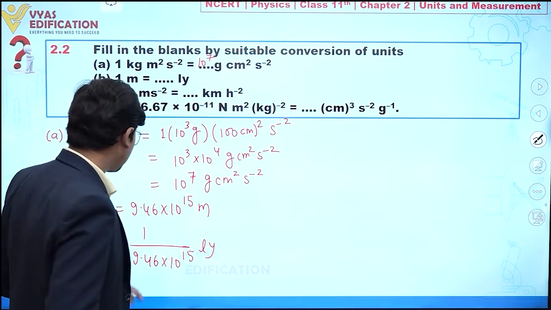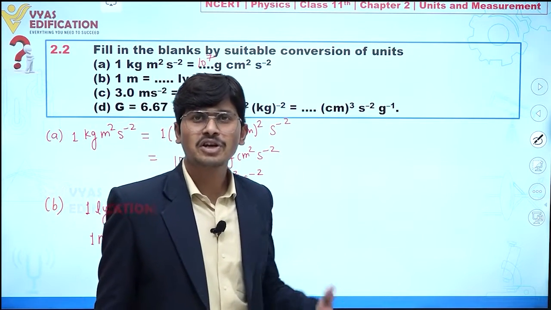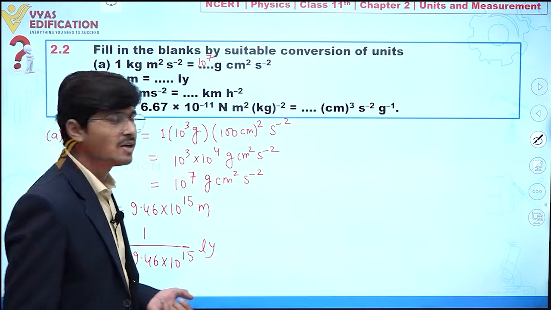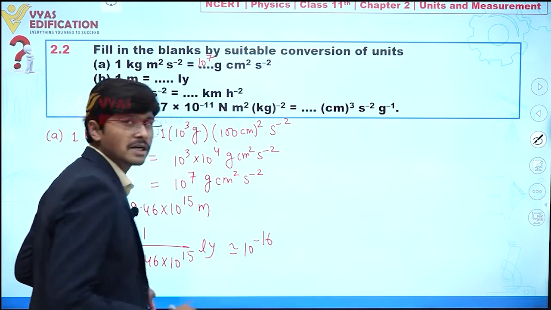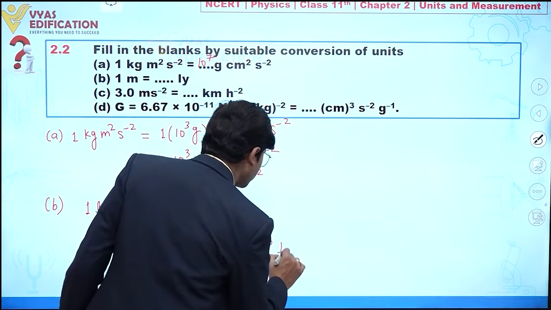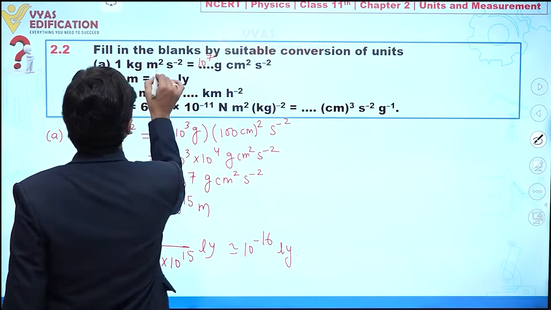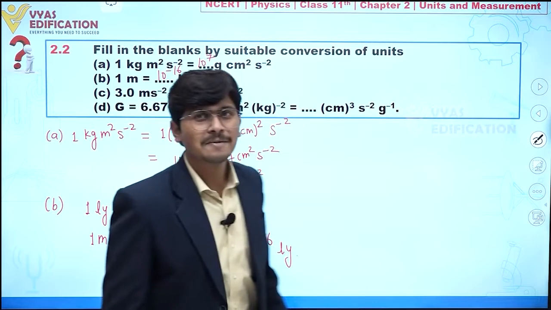Writing 1 upon 9.46, we will find 0.1 something. So the magnitude of 1 meter will be approximately 10 to the power minus 16 light year, nearly 10 to the power minus 16 light year.